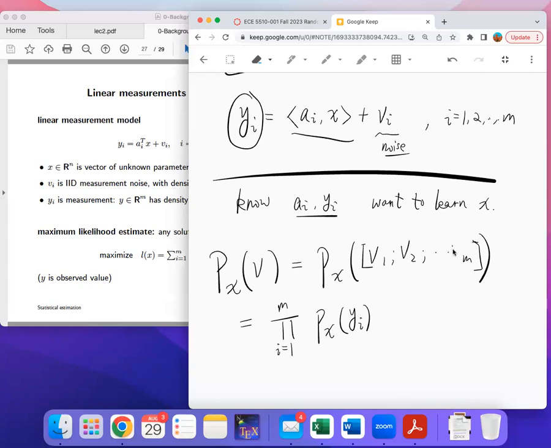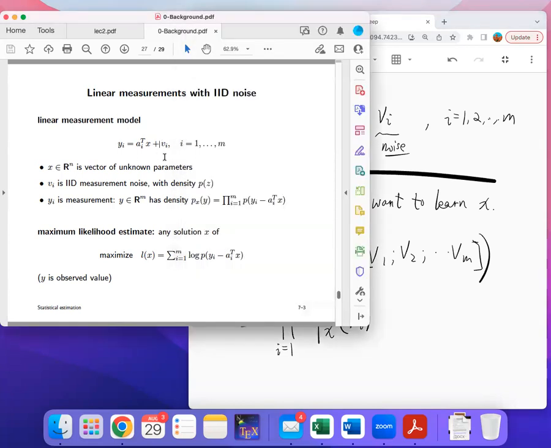V1, V2, and Vm, and the Vi. Think about that. If all the noise is fixed, then these equations will be fixed. So the only randomness we need to consider is noise.